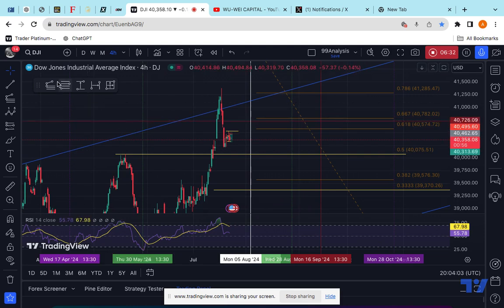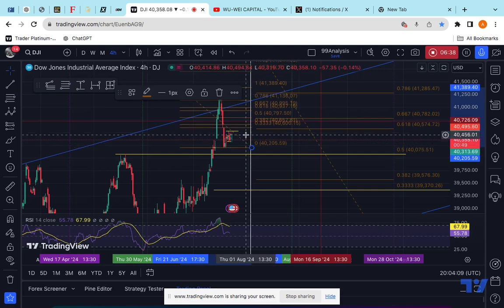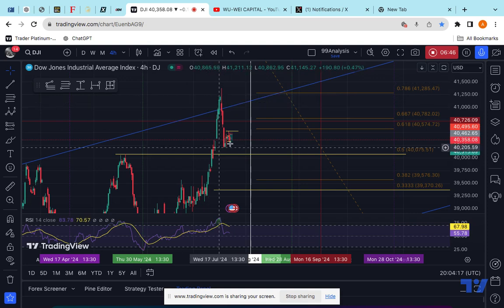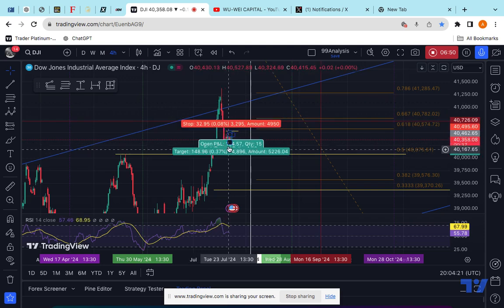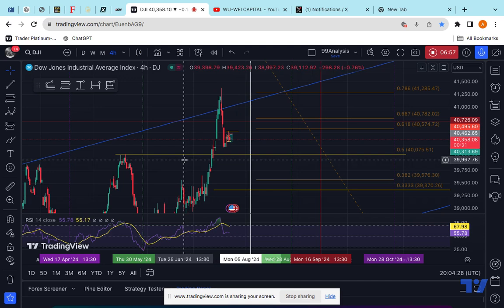So when we run our fib here, this point is approximately the 0.236, which is also an important ratio, and because the decline here is so intense, so sharp, we do not expect a larger retracement, just a smaller one, and we move downwards.